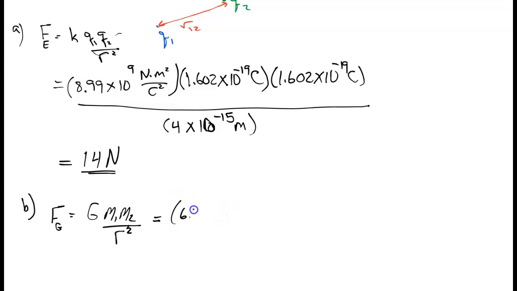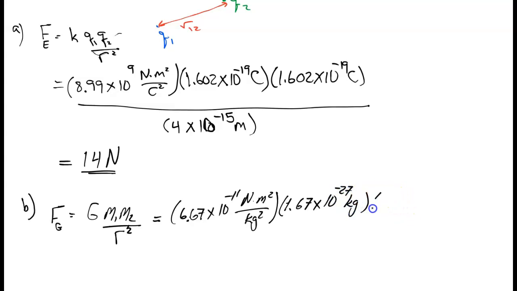And G is 6.67 times 10 to the minus 11th Newton meter squared per kilogram squared. The mass of a proton is 1.67 times 10 to the minus 27th kilogram.